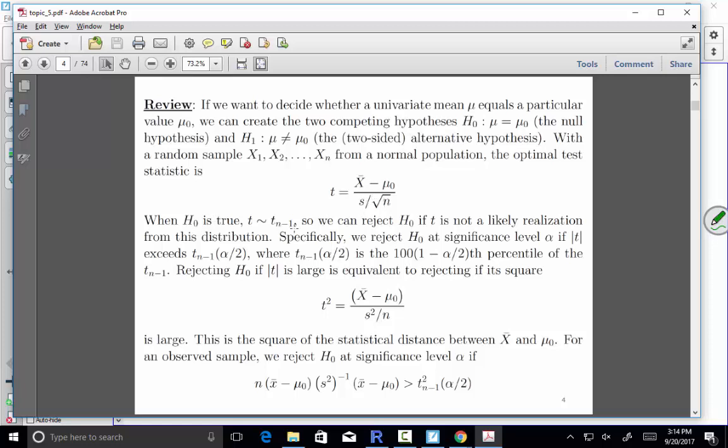For technical reasons, it's not quite standard normal because instead of dividing by the actual standard deviation that involves sigma, we don't know what sigma is. So in practice, we have to estimate sigma. And the penalty for doing that is that we no longer have standard normal. We have a slightly modified version of the standard normal, a t distribution.